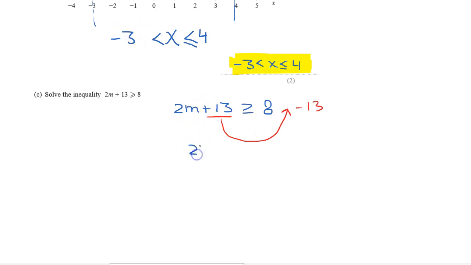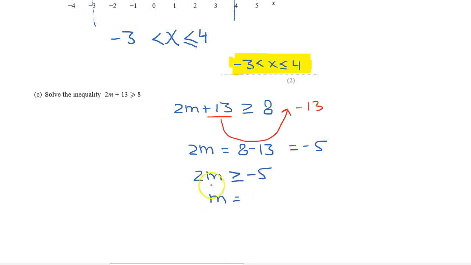So 2m will be 8 minus 13. So that will be -5. So 2m is greater than or equal to -5.